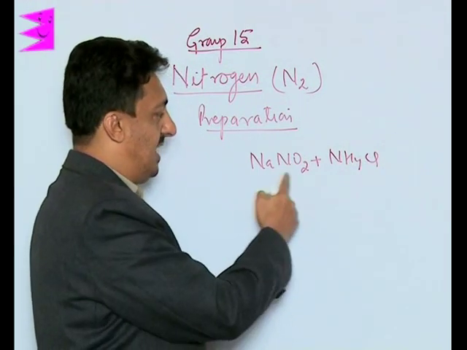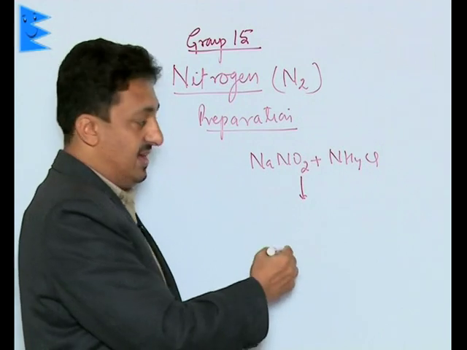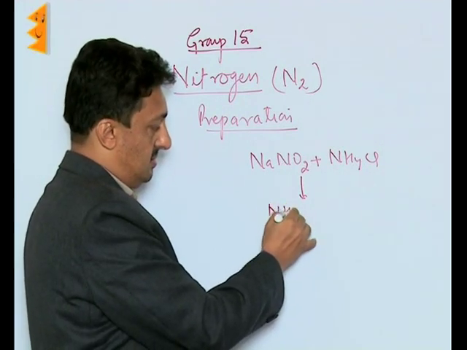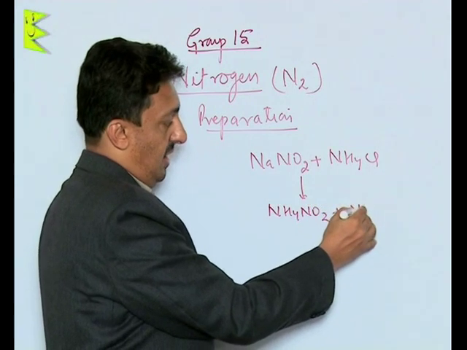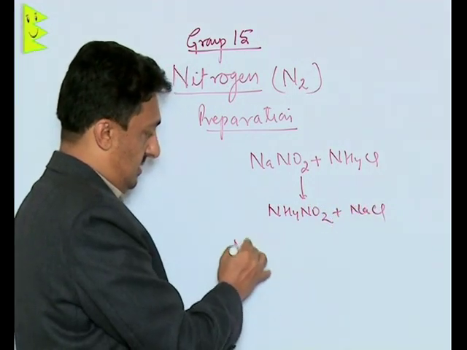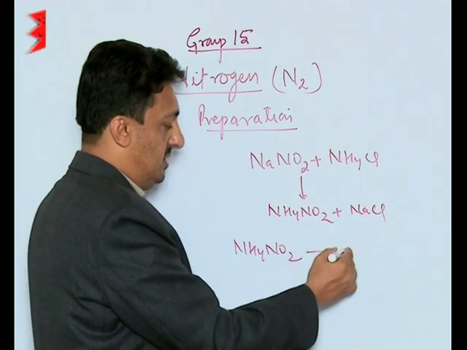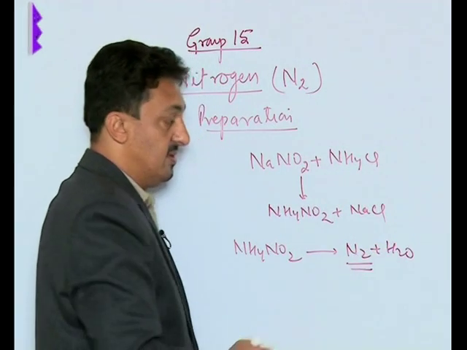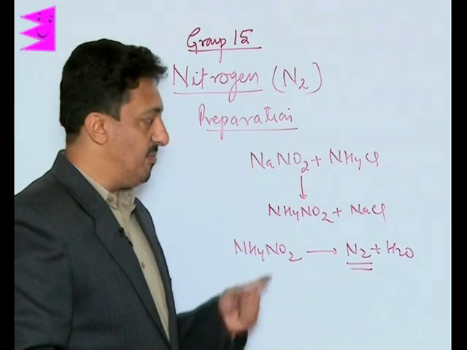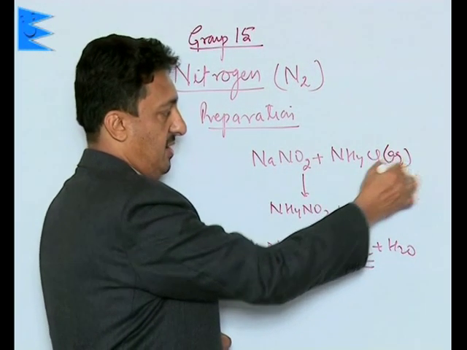Now, when sodium nitrite is reacted with ammonium chloride, what we get is ammonium nitrite and sodium chloride. This ammonium nitrite on its own decomposes to give nitrogen and water. So in lab it is very easily prepared by treating sodium nitrite with aqueous solution of ammonium chloride.